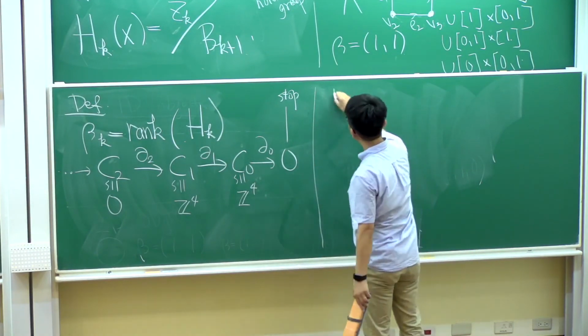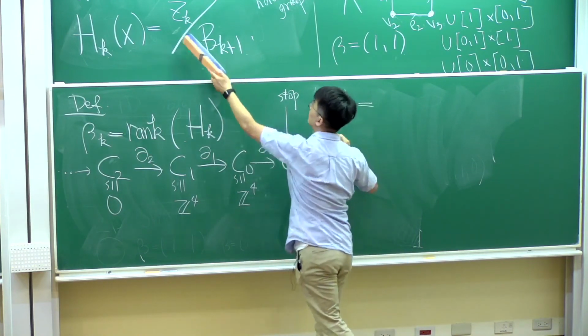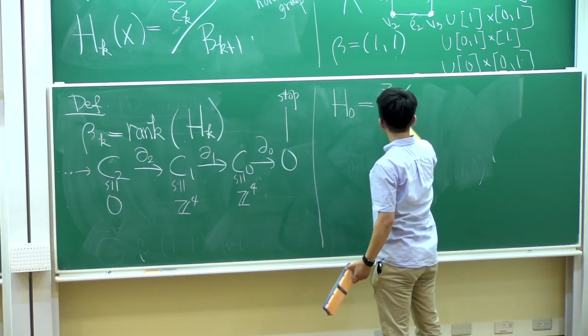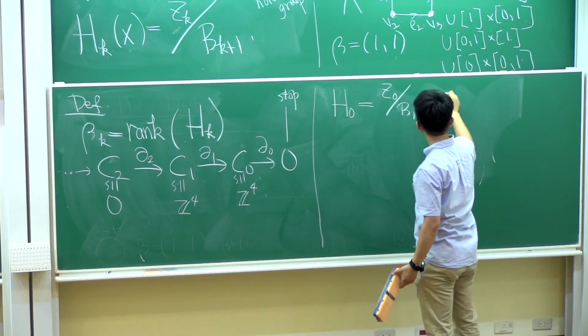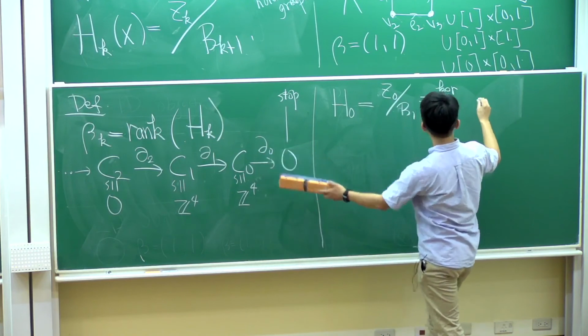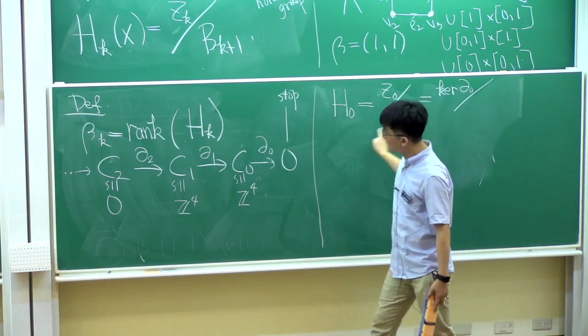H0 is equal to the kernel, let me write really slowly, 0 cycle mod out the boundary 1, which is the kernel of this row 0, mod out an image of this guy.